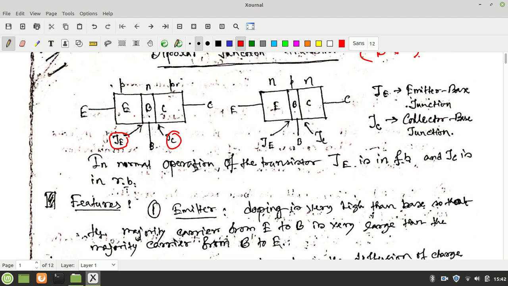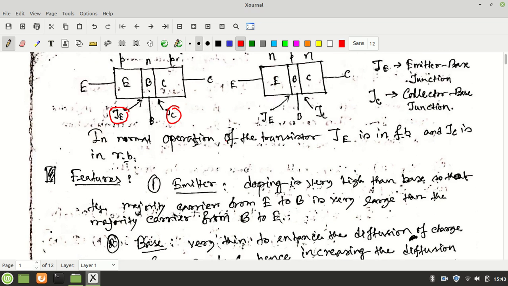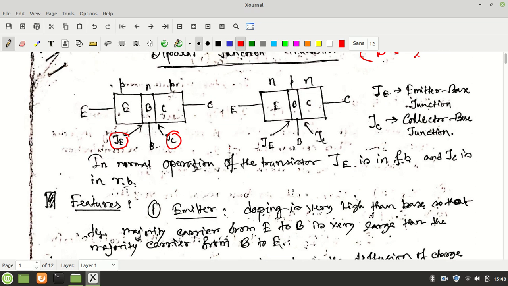These three regions are named emitter, base, and collector, and depending upon the extrinsic semiconductor nature, it can be PNP or NPN. So first we are going to know what is emitter, what is collector, and what is base. The emitter is that portion of the transistor which is heavily doped, and it is larger than the size of the base but smaller than the collector.